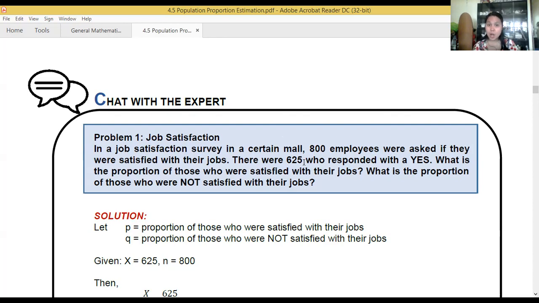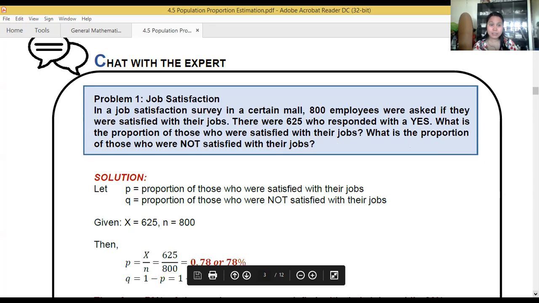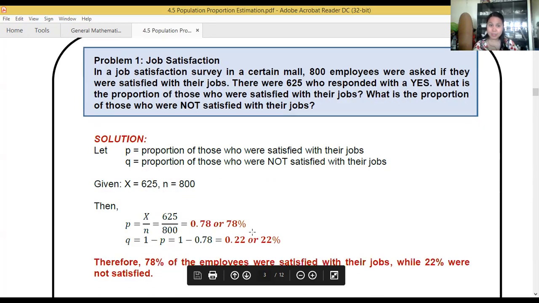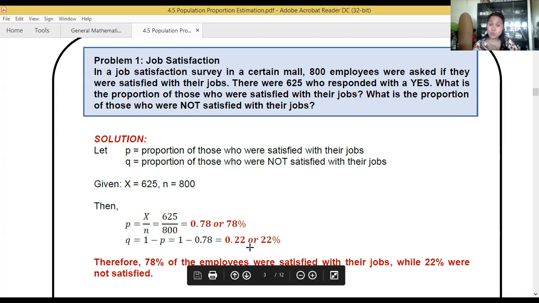The given are X, the observed value, which is 625, out of N, our total observed values, which is 800. We solve for P, that is X over N, which is 78%. Then we subtract this from 1 to get Q, which is 22%.